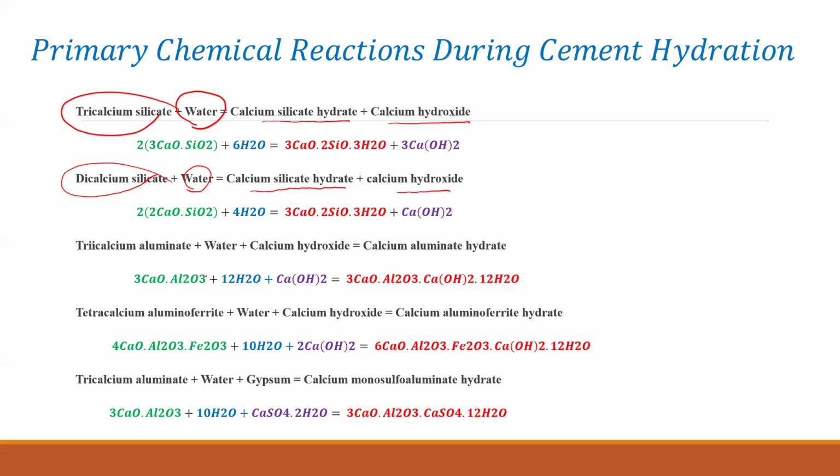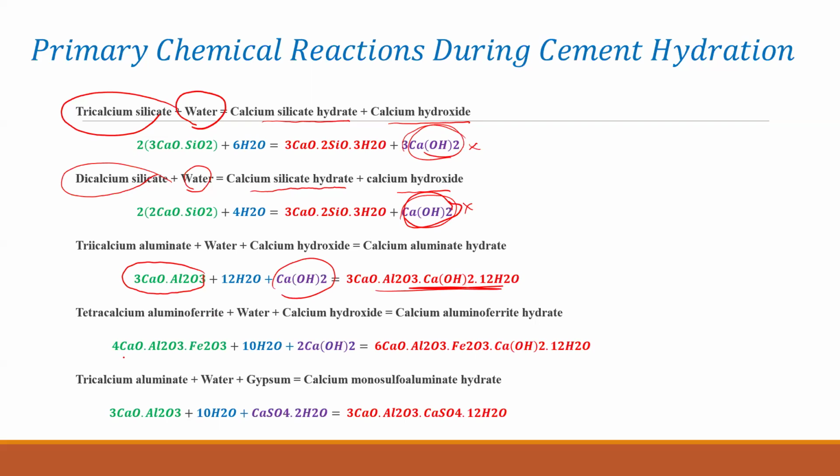You can see again this is reacting with the calcium hydroxide, which is produced here as an output. So it is reacting with this output again and making calcium aluminate hydrate.